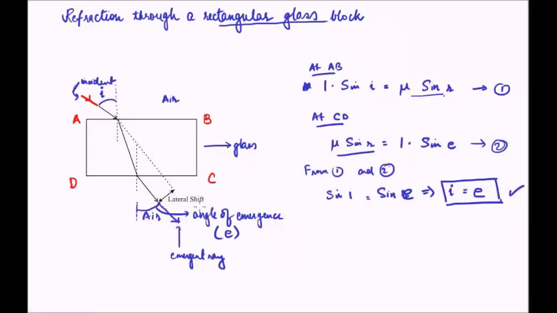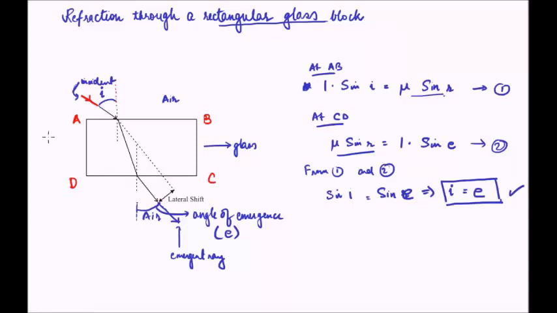Now another interesting fact is that this has already proved that this line and this line are parallel to each other, right? Because it's leaving at the same angle as it is going inside. Therefore, what we see is there is a shift between what would have been the path if there were no glass and what is actually the path because of the refraction.